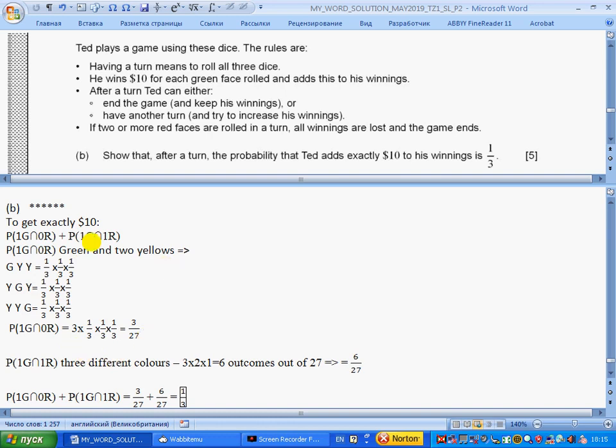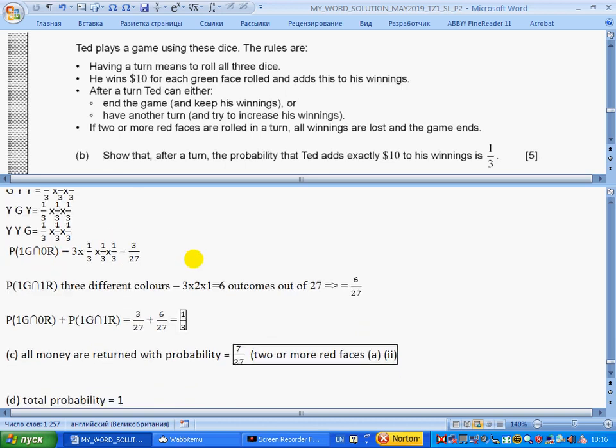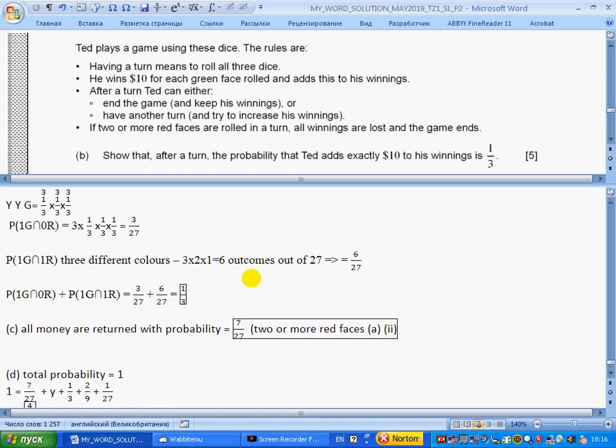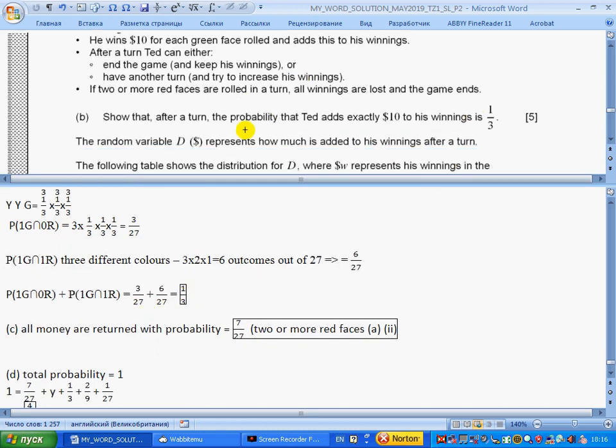Probability of 1 green and 1 red is 3 different colors. 3 different colors is factorial of 3, or 3 times 2 times 1 equals 6, outcomes of 27 possible combinations. So its probability is 6/27. So adding these two probabilities, we get 1/3. So proved. Question is done.